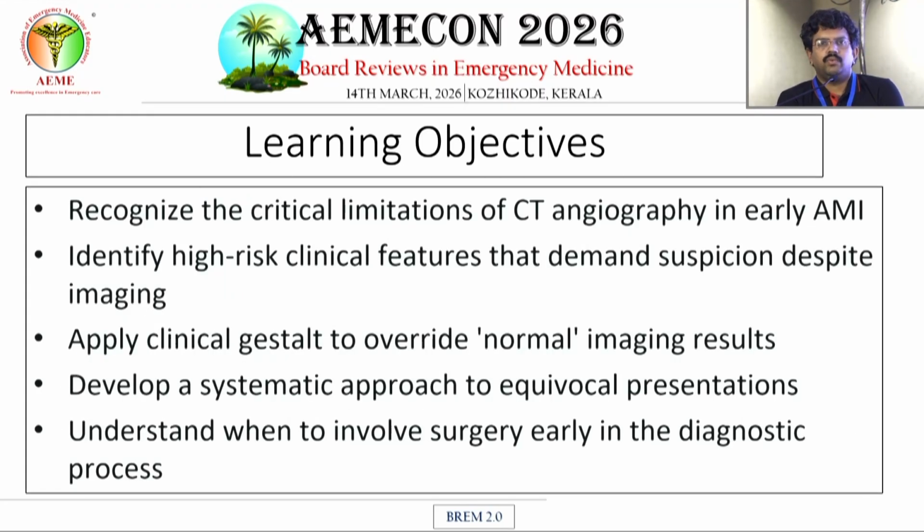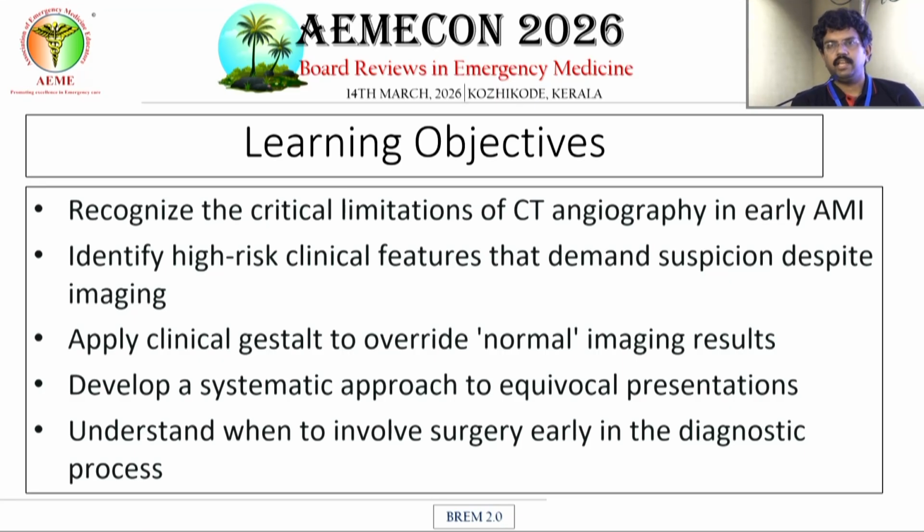In this underdiagnosed condition, mesenteric ischemia, can we diagnose it with CT angio? Is it foolproof, or what is the limitation of CT angio? And if CT angio is normal, then what next step can we take?